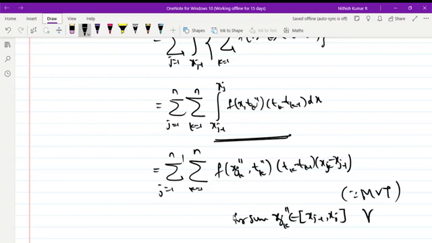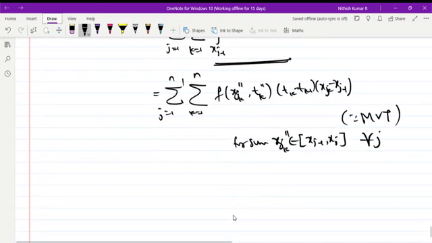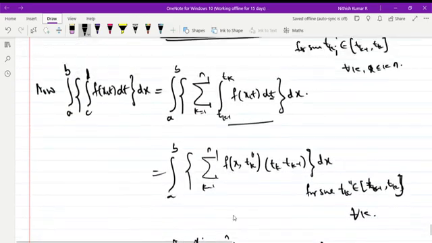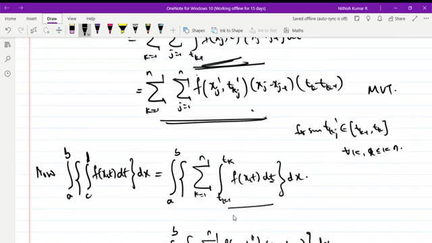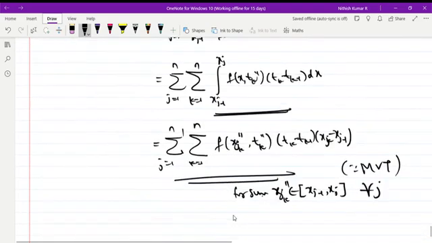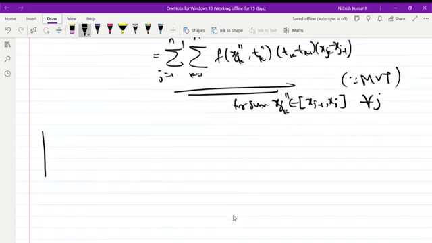Now using the mean value theorem again, for some xjk belonging to xj minus 1 to xj, and this is true for all j. Using this as well as this relation.